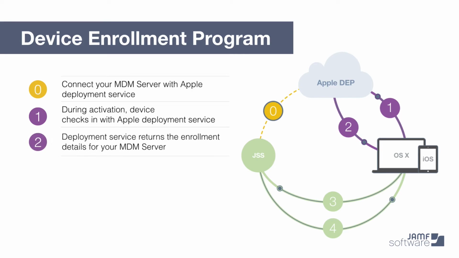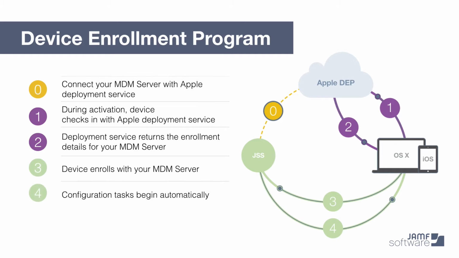Apple will then return the enrollment details for your MDM server so that that device knows where to find its MDM server. The iPad will enroll itself with the MDM server, and finally, all the configuration and security tasks that you've assigned will automatically be applied as part of that configuration.